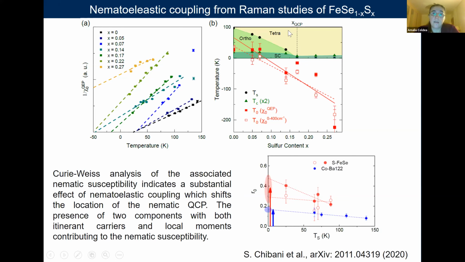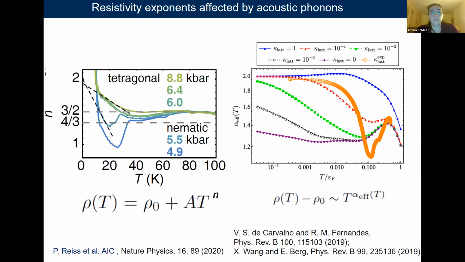They also suggest that itinerant and more localized types of carriers could also be responsible for the Raman spectrum, because they separate the system into components. Interestingly, they are able to extract the values of the coupling parameter and suggest that the iron selenium sulfur system has a much stronger coupling compared with other systems like barium-122. We know that these systems are extremely soft, so we should expect that they will be prone to these effects.